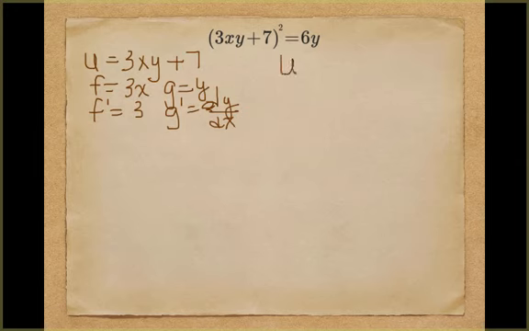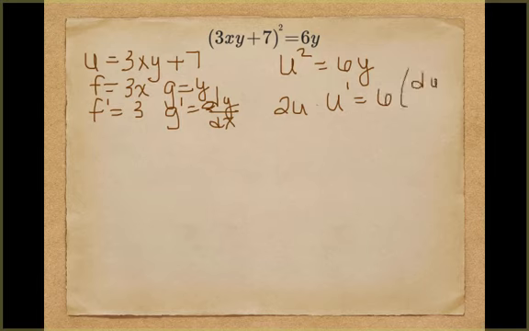So I have u squared equals 6y. The derivative of this is 2u times u prime equals 6 dy/dx. Then, plugging in my u and u prime, I have 2 times 3xy plus 7 times my derivative of u, which I didn't finish putting up here, but we'll do it right here.